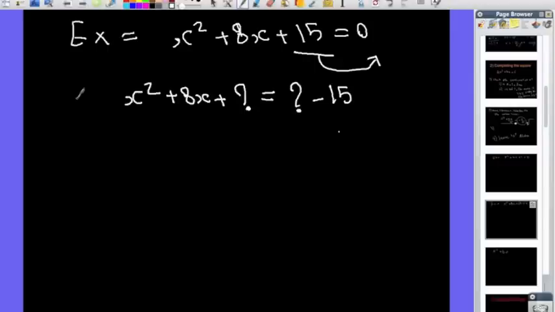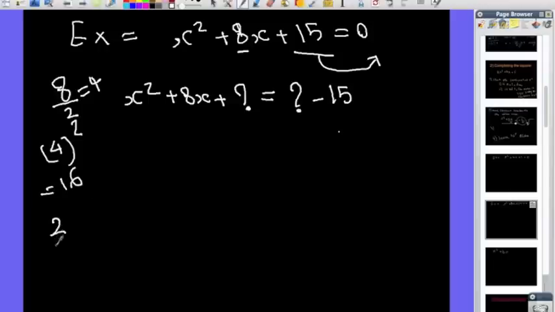So now how to find the new c? We would always take b, which is 8 in this case, and divide by 2, which would give us 4. And when you get the answer, you square it. So it would be 4 squared, which equals 16. So basically it's b divided by 2, squared. That's how you get the new c.